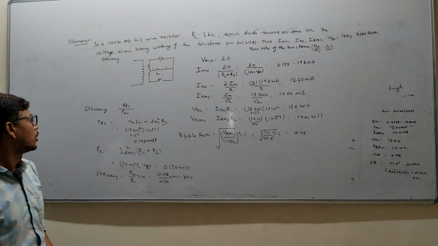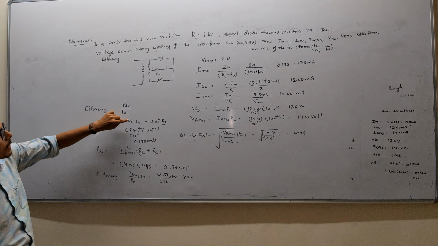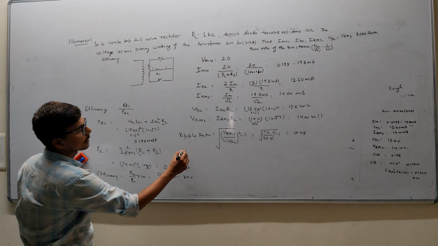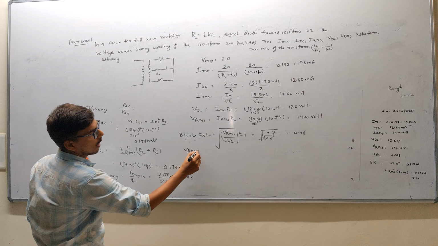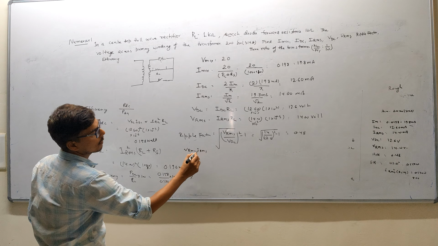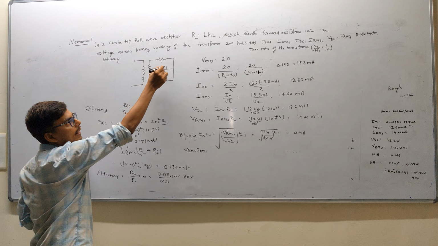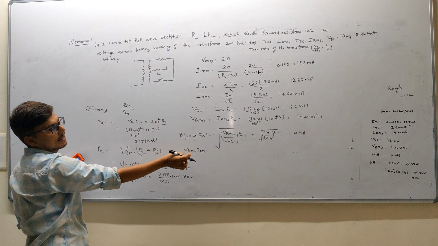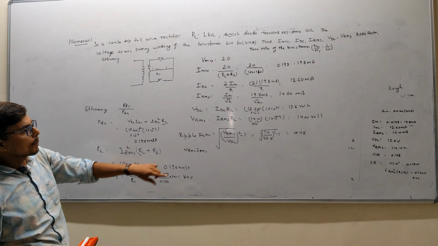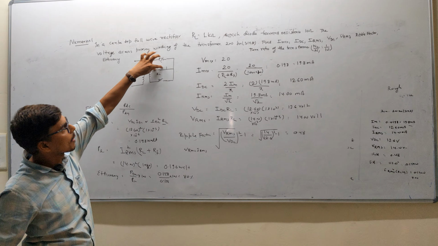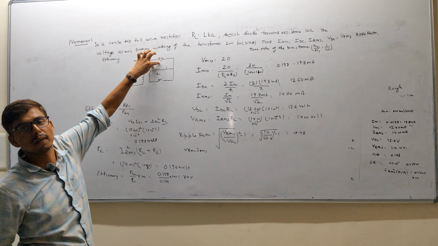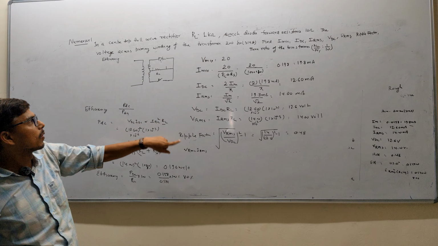So in this way we solved it. You can use this formula also, VDC into IDC and VRMS. But here VRMS is the voltage across this, and the current is of this branch, so we write the power as this voltage into this current. So we neglected RF in this formula.